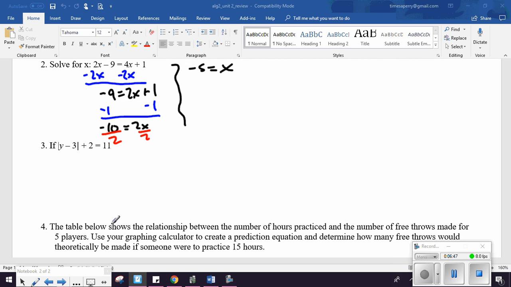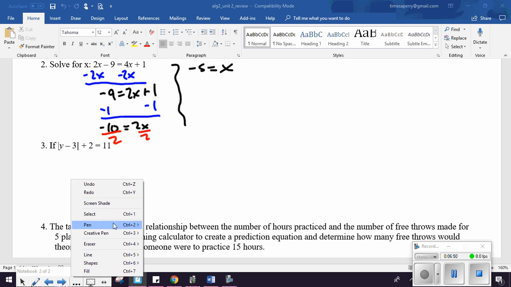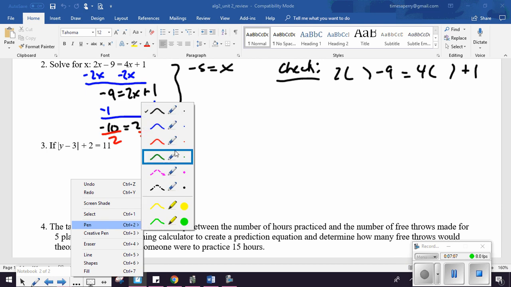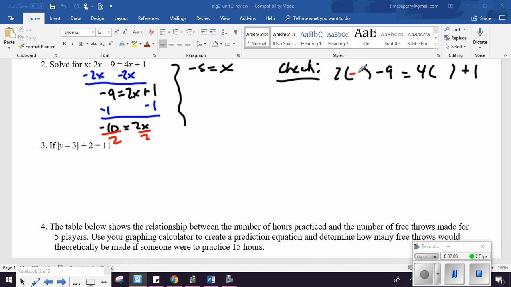And again, it's a good habit to check your solution to make sure your work is correct. So plug in negative 5.